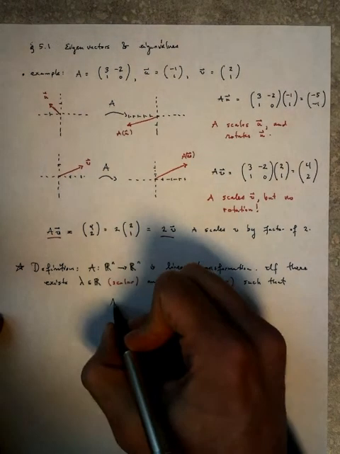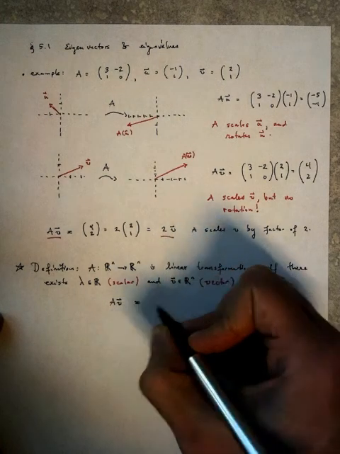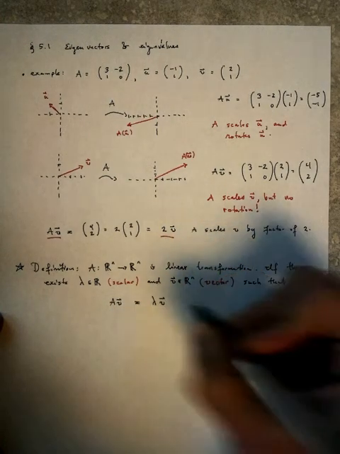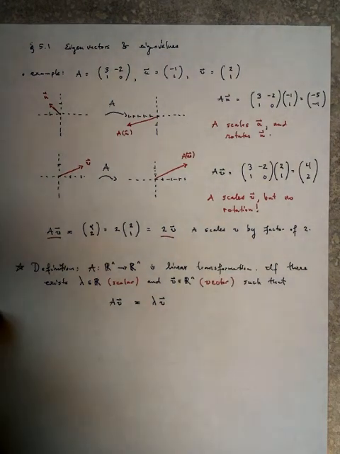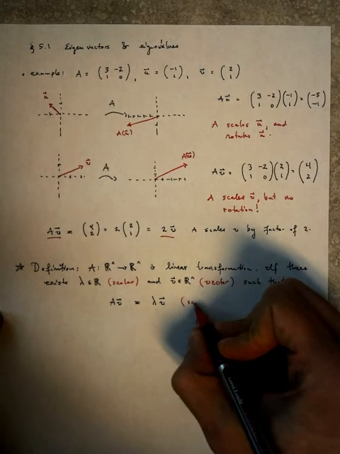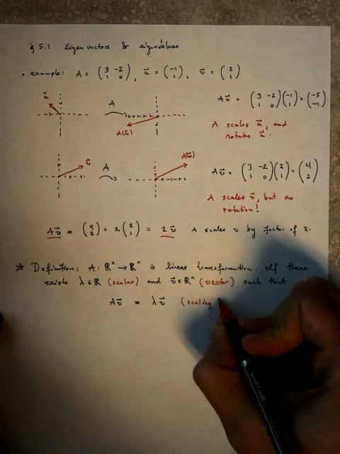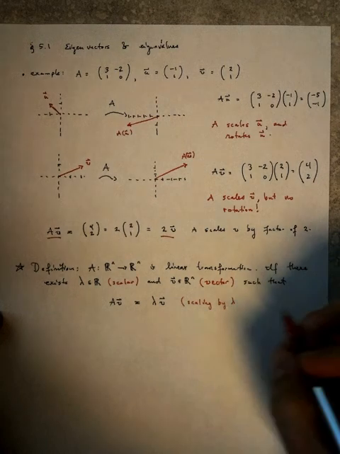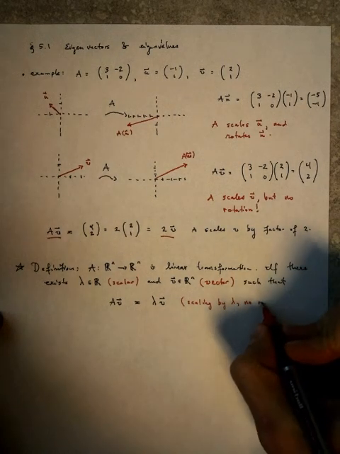So A times V is equal to lambda times V. Okay, so in other words, A scales V by a factor of lambda with no rotation.